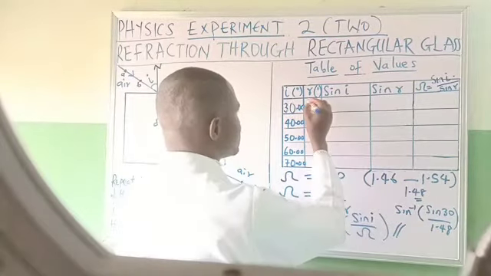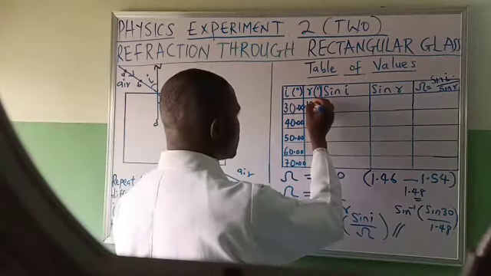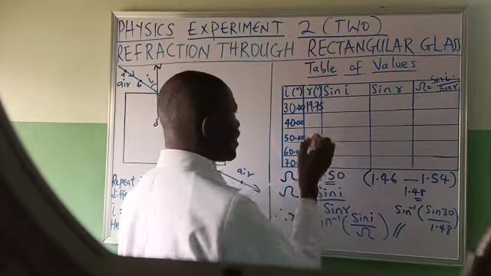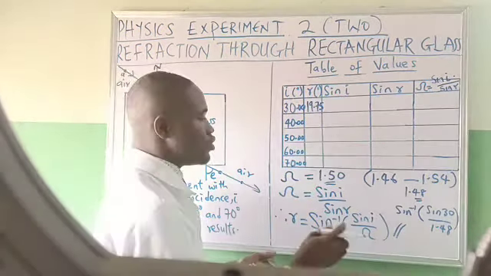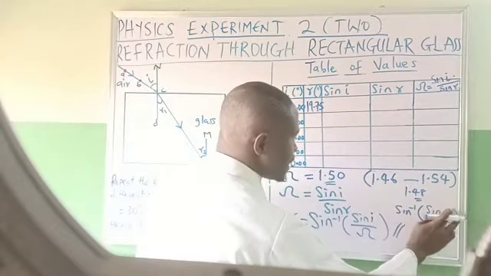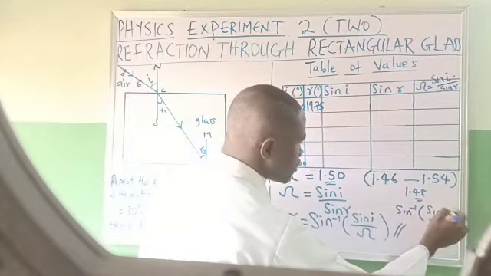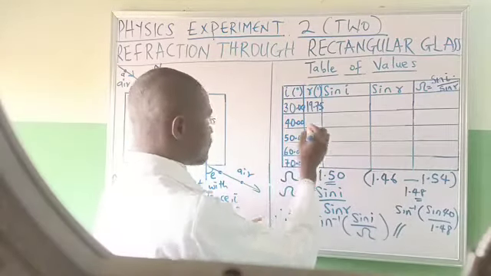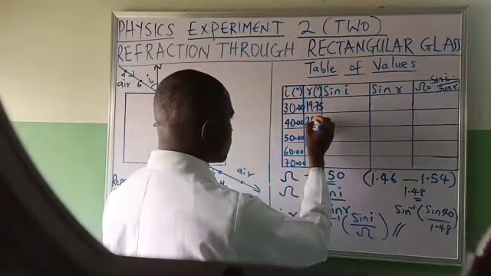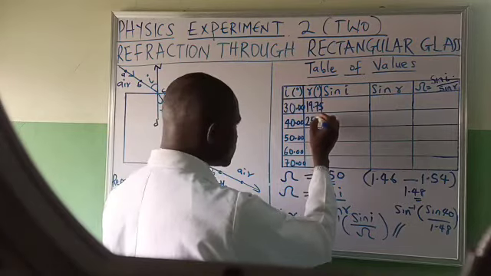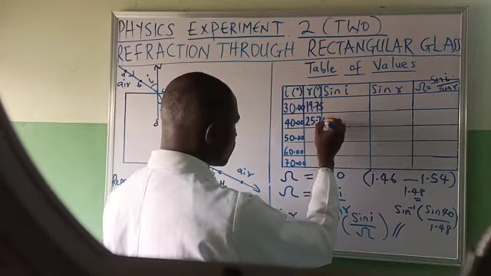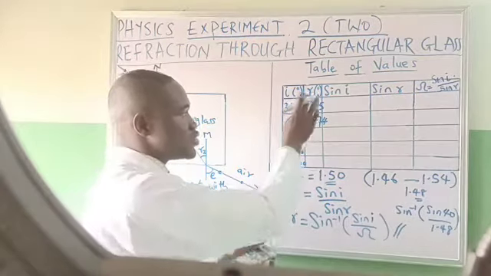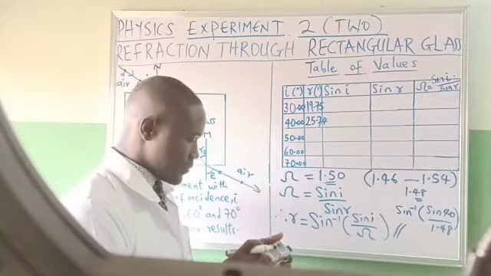I will get the value to be 19.75 approximately. I'll do the same thing, changing 30 to 40 to get the second r: 25.74. I'm just approximating to 2 decimal places.